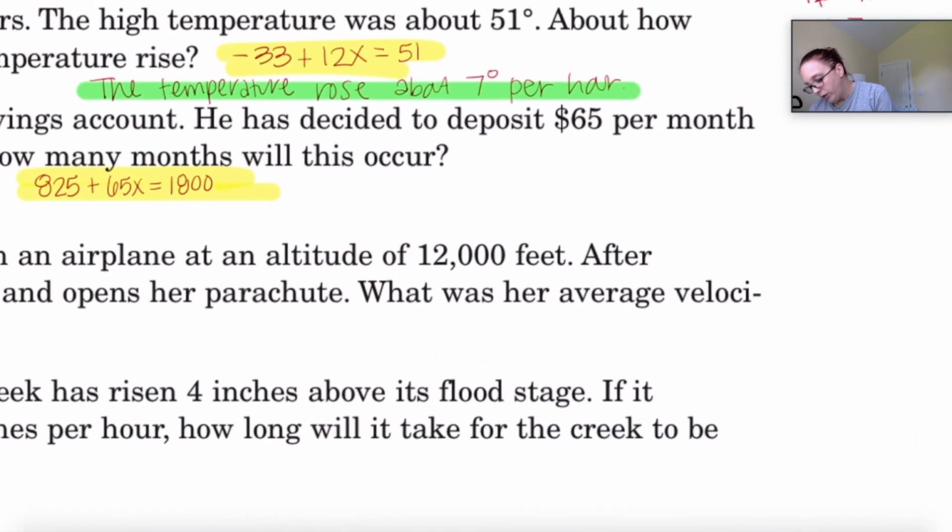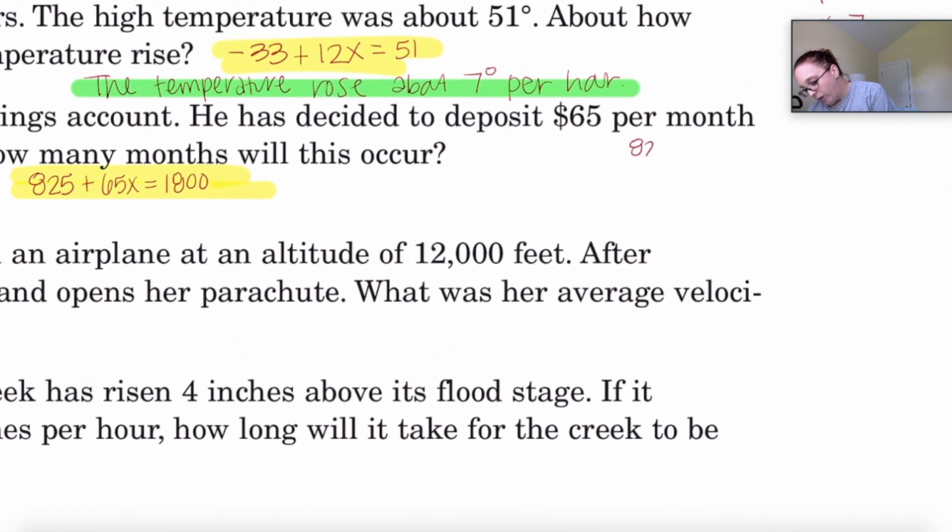So let me come over here where I have a little bit more room. So I'm going to start off by subtracting 825 on both sides. So I'm going to do 1,800 minus 825, and I get 975.